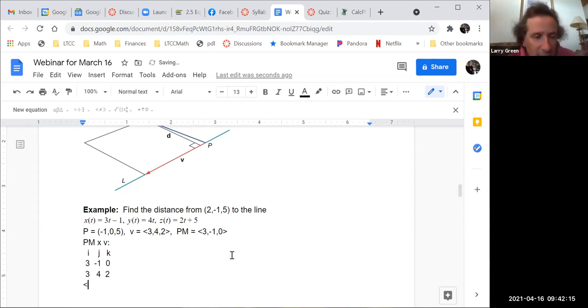So now let's take that cross product. For the I component, we're going to have -2 minus 0, so that's just -2. The J component, kill that and that, and you get 6 minus 0, and it's negative that, so -6. And the K component, you get 12 minus -3 is 15.